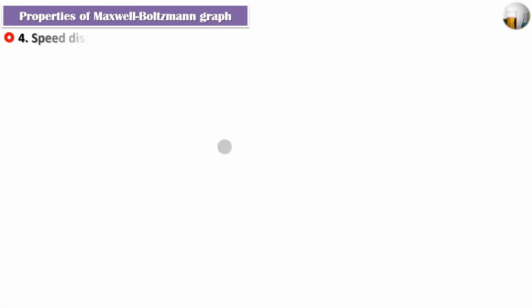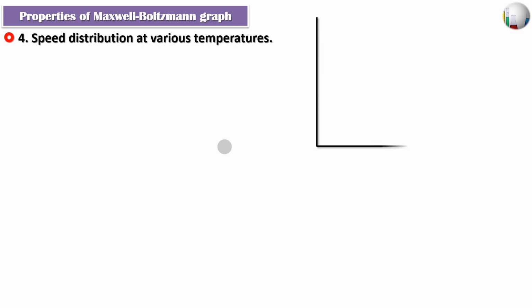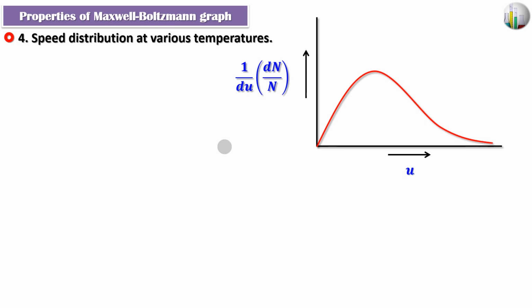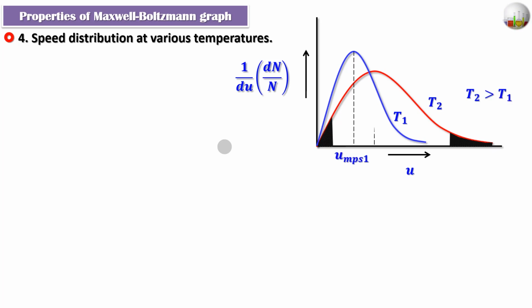We've already seen this. When temperature decreases, the graph goes narrower and taller. So this is the temperature T2 and this is the temperature T1, and T2 is greater than T1, and this is UMPS1, this is UMPS2. Obviously higher temperature will have higher UMPS, but the lesser the fraction of molecules having that.